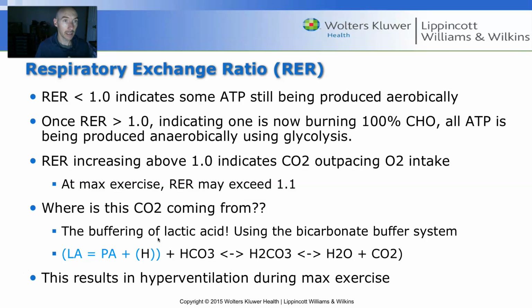So one of our body's lines of defense is this bicarbonate buffer system, where the harmful component of lactic acid, which is the hydrogen, can be bound to bicarbonate, which then forms carbonic acid. Then carbonic acid falls apart into water and CO2, okay? And that CO2 we expire through our lungs, okay? And really that's what hyperventilation symbolizes.